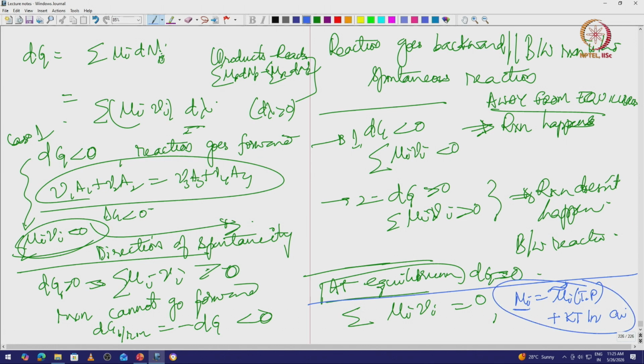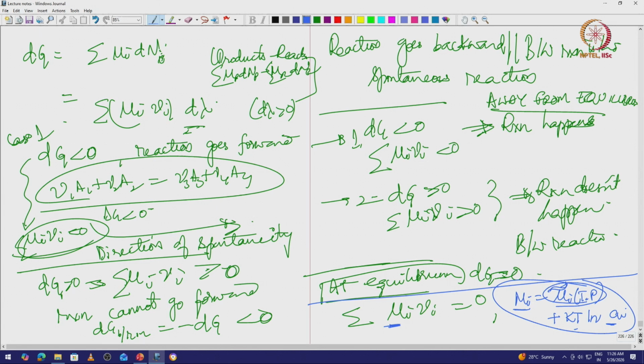So, mu I that goes into this equation for any reactant or any product is mu I tilde, where that product is a pure product or that reactant is a pure reactant, right. So, it has not gotten contaminated in a solid solution with something else, plus kT ln AI. AI is the activity when I am solid solutioning it with something else.